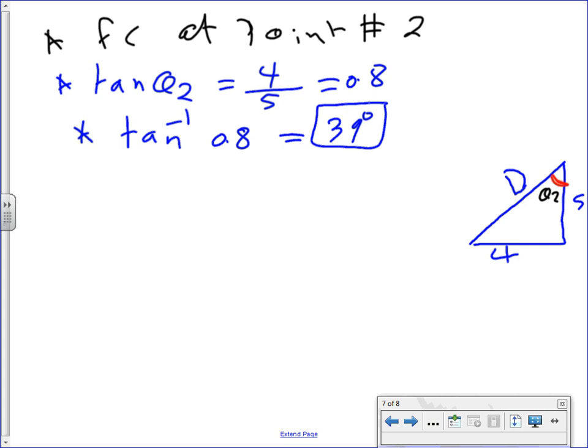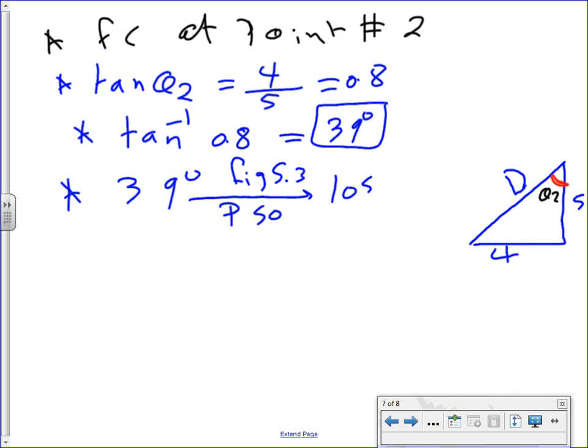Okay, now the last thing you need to do is take the 39 degrees to Fig 5.3, page 50, and you're going to find the candela power for this baby is 1059. Adam, since we don't have 39, we're going to go to the closest to it, which is 35.